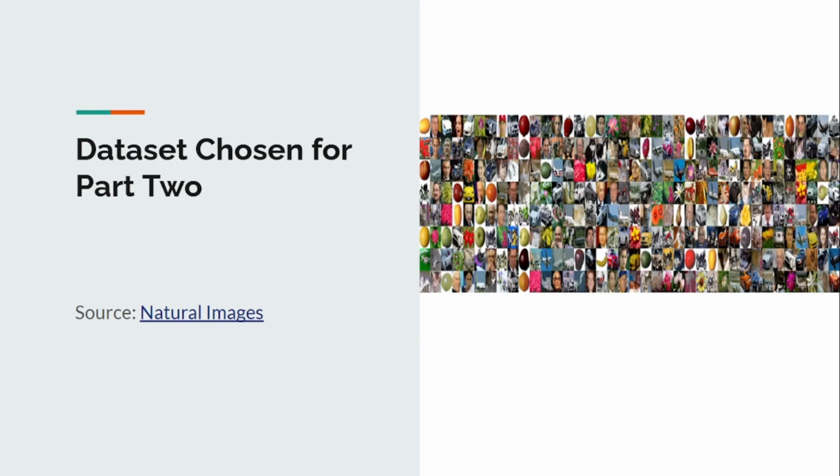First, I'd like to discuss the dataset that I chose for part 2 of my project. The dataset I chose is titled Natural Images, and I retrieved this dataset from Kaggle.com.